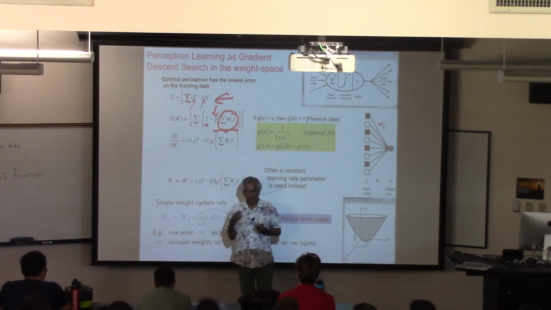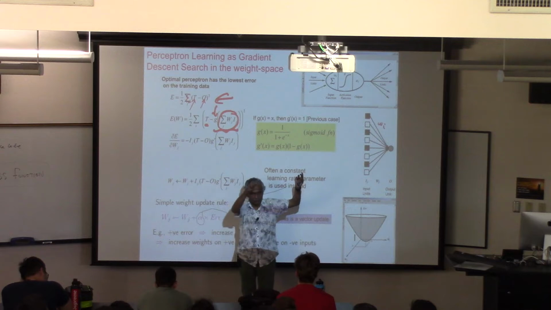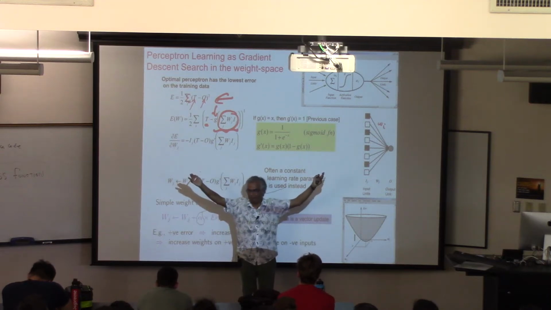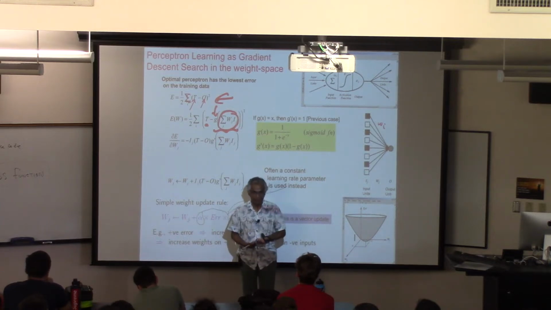Right? So if you want to do chain rule, now you have to do it 3 times. First you do the differential of the square, that will be 2 times whatever is in the square. Then you do the differential of the G, which happens to be your sigmoid function, and I told you that you can actually do it from first principles, but it happens to be g dash of x is g of x times 1 minus g of x.